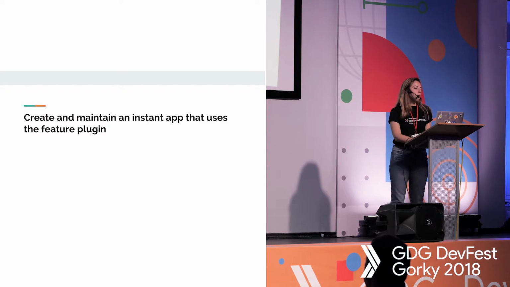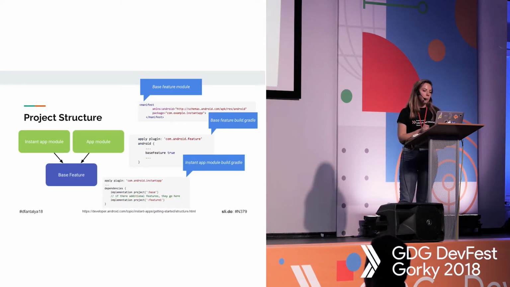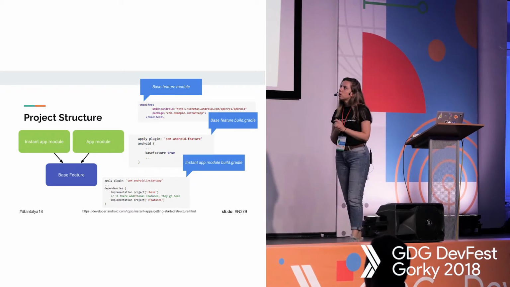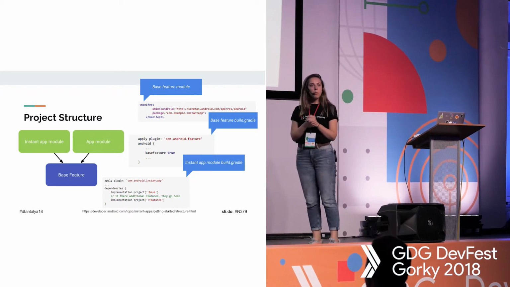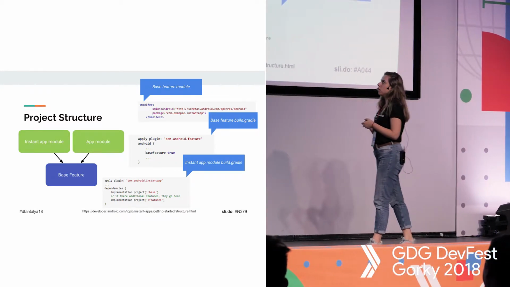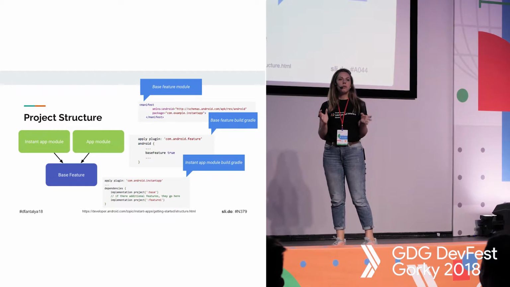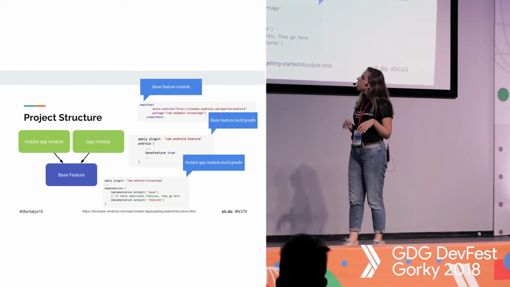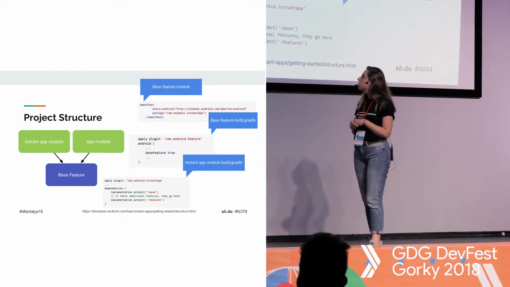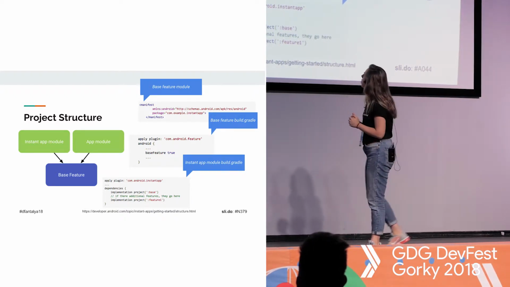So now we can talk about how we open the features by creating feature modules. The structure you are seeing on the screen is for a very basic app structure. Let's say we have only one feature, and we want to open it as an installed and also an instant application. They both use it.